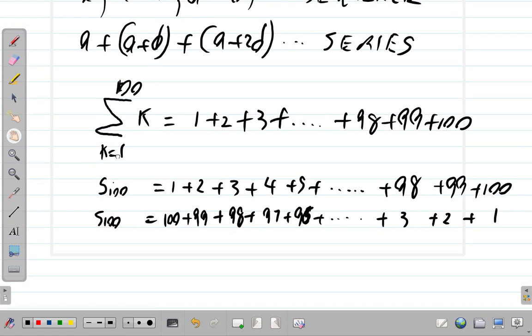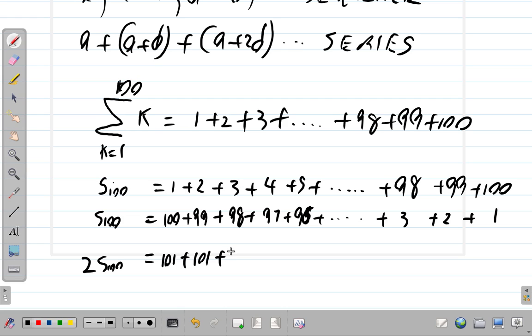Suppose you add the terms that are lined up one above the other. When you add this and this, you're going to get 2 times S100. So 100 plus 1 gives you 101, plus 99 plus 2, well, it's 101.